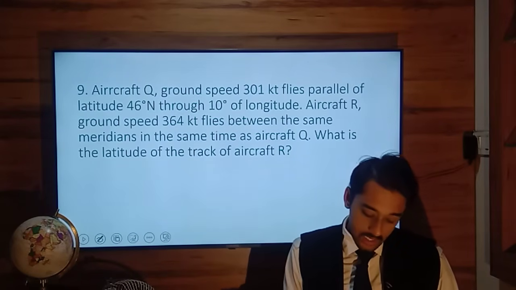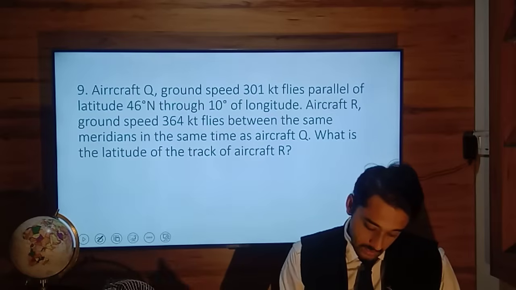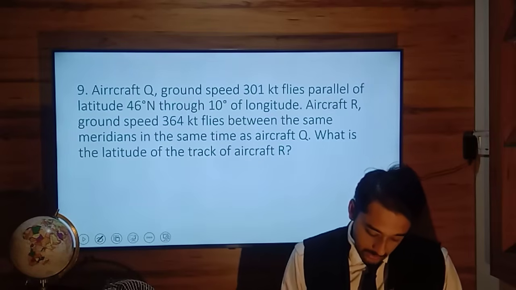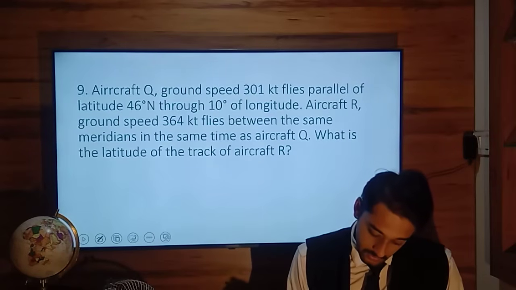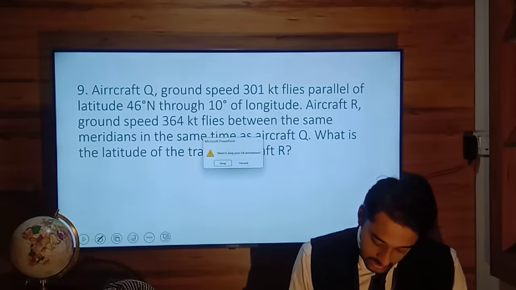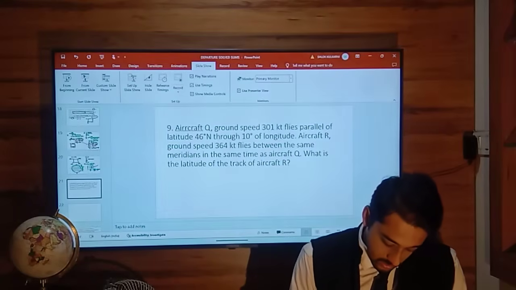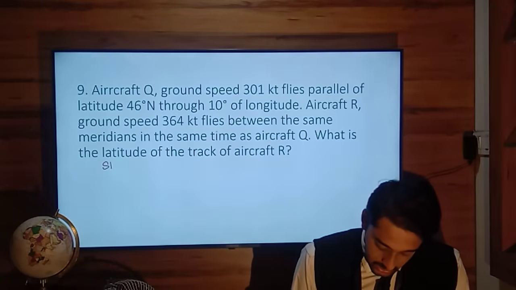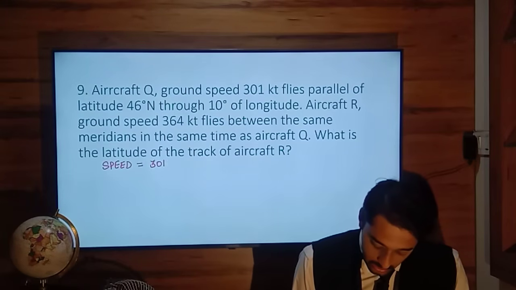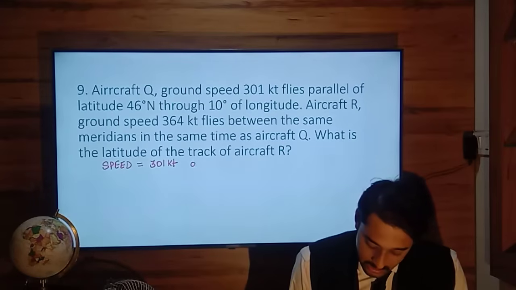So let's write the solution. Aircraft Q has a speed of 301 knots, and d long is given as 10°.